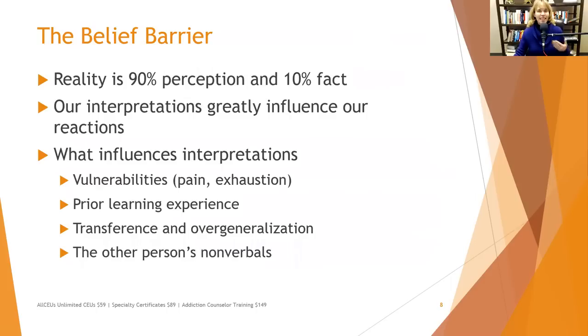Overgeneralization can keep us from being assertive. We may have transference reactions with other people. So if somebody reminds me of my mother or an authority figure, and I'm not okay standing up to those people, then I might kind of back away a little bit and not be assertive with that person.